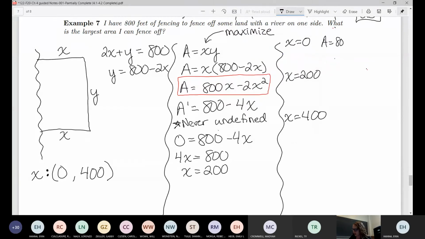So if we find the area in all of these cases, if we plug in 0 to the area equation, we get essentially 0 minus 0. So we get 0. If we plug in 200, so 800 times 200 minus 2 times 200 squared, you'll get 80,000.